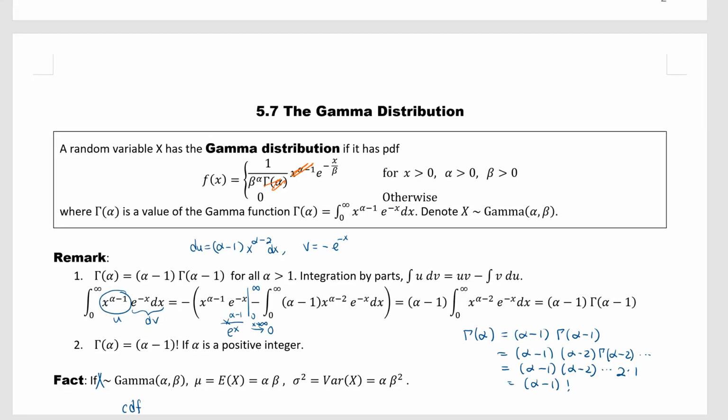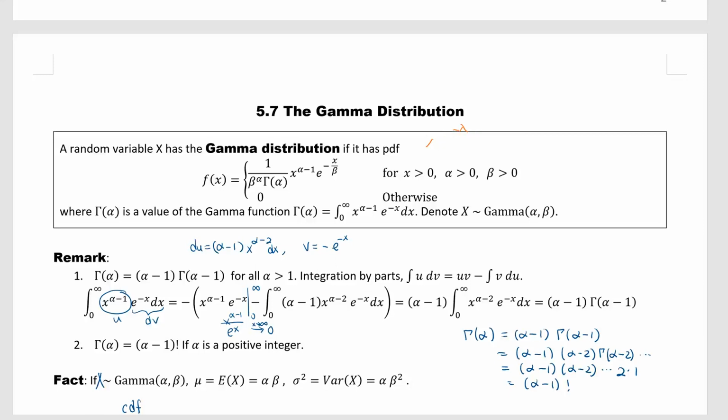It's 1, and beta to the 1, and 1 over beta is lambda. So you have lambda times e to the minus lambda x. This is what happens when we plug in alpha equals 1 and beta equals 1 over lambda.